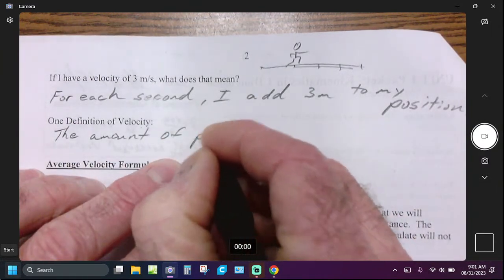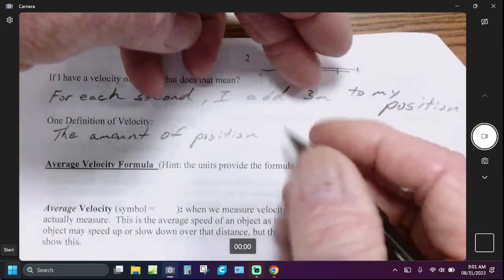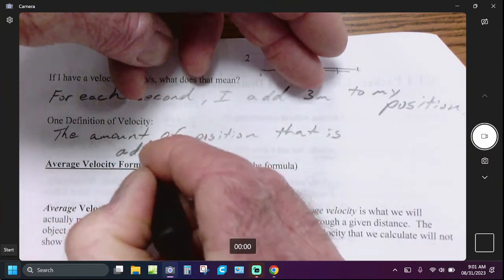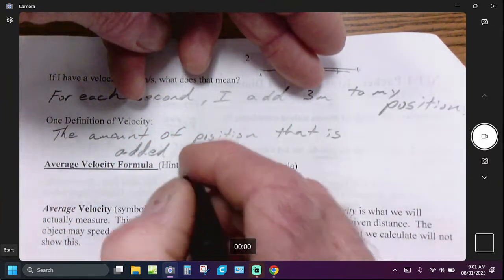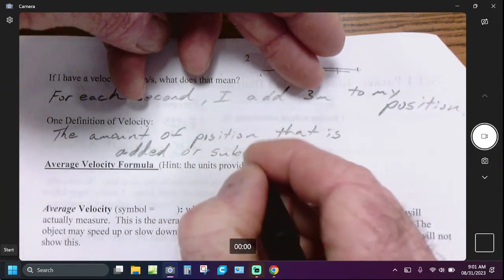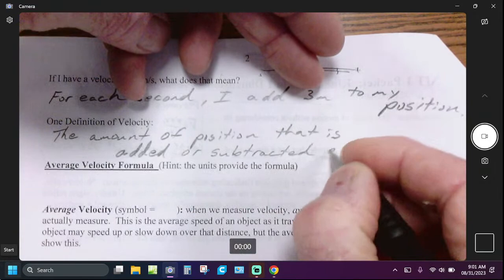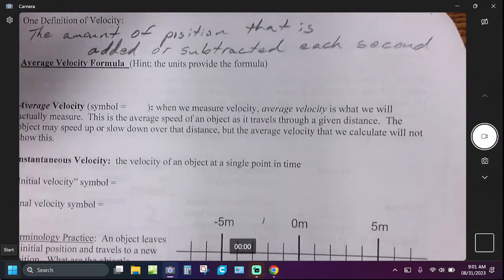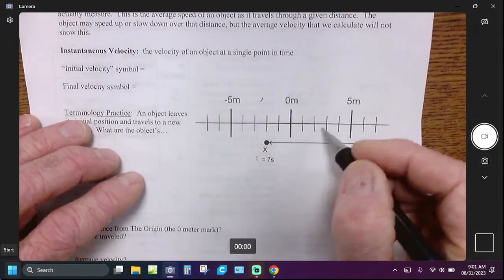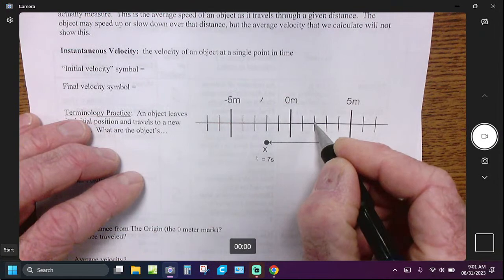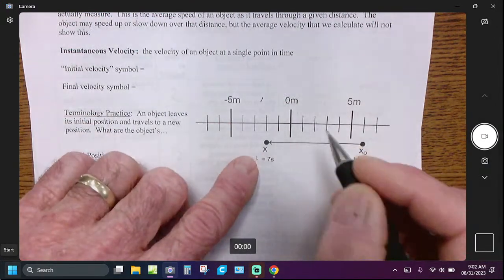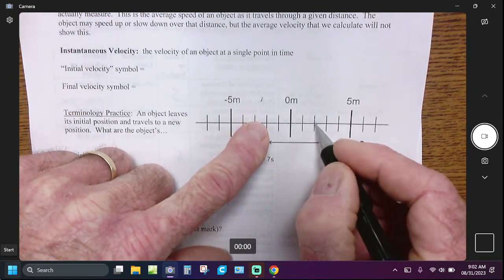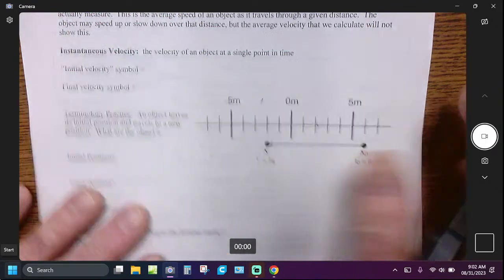So velocity is the amount of position that is added or subtracted each second, or more generally, during each unit of time. I have this number line farther down the page, and you're somewhere on the number line. If a second later you've gone from here over to there, that's the amount of position that was subtracted during the second, so you'd have a negative velocity.